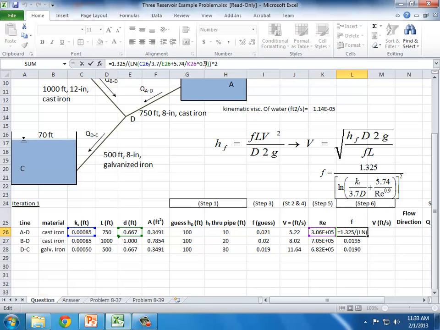I've got to calculate velocity. Okay, velocity times diameter divided by the kinematic viscosity, which is 1.14 times 10 to the minus. Anybody else have questions?